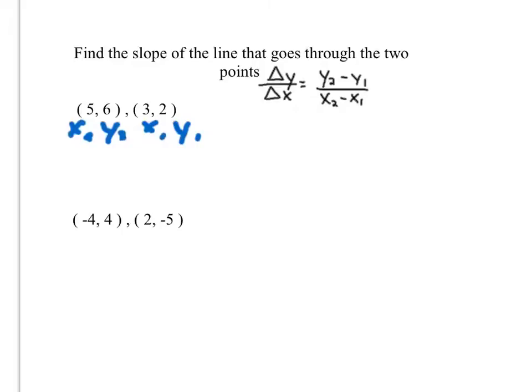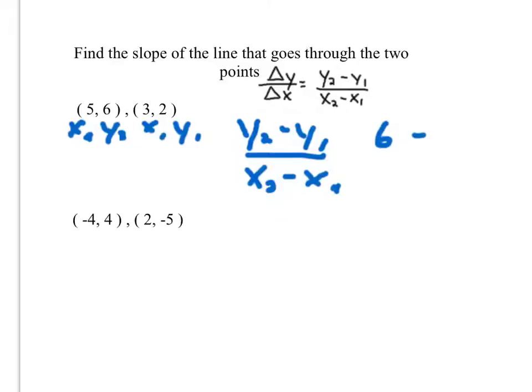Now, I'm going to rewrite the formula, y2 minus y1 over x2 minus x1. And then I'm just going to plug them in. Well, my y2 was 6 minus my y1 was 2 over, and then we'll put my x's on bottom. x2 was 5 minus x1 was 3.